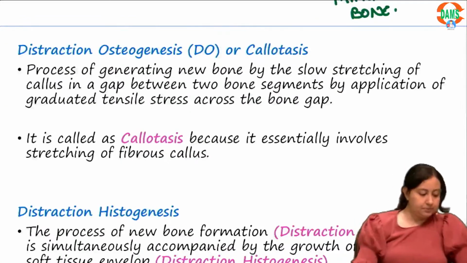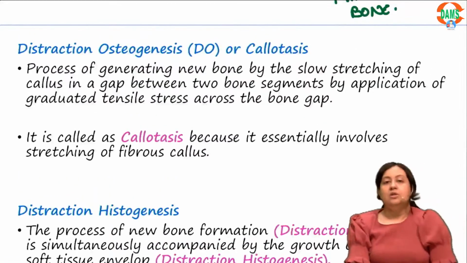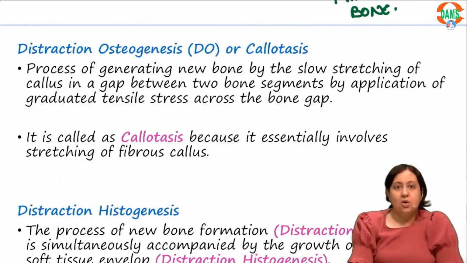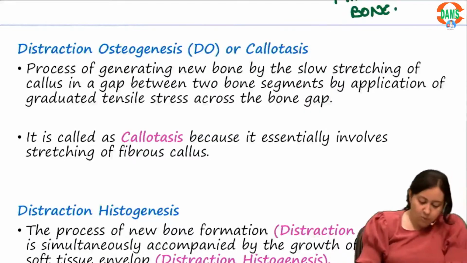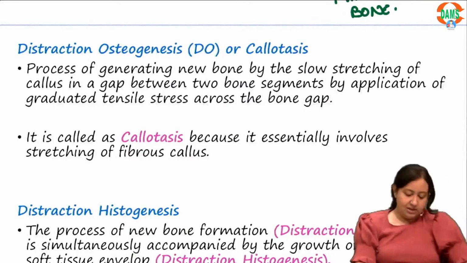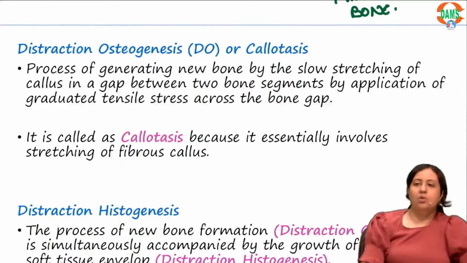Now, distraction osteogenesis or callotasis means the process of generating new bone by slow stretching of callus in a gap between two bone segments by application of graduated tensile stress across the bone gap.